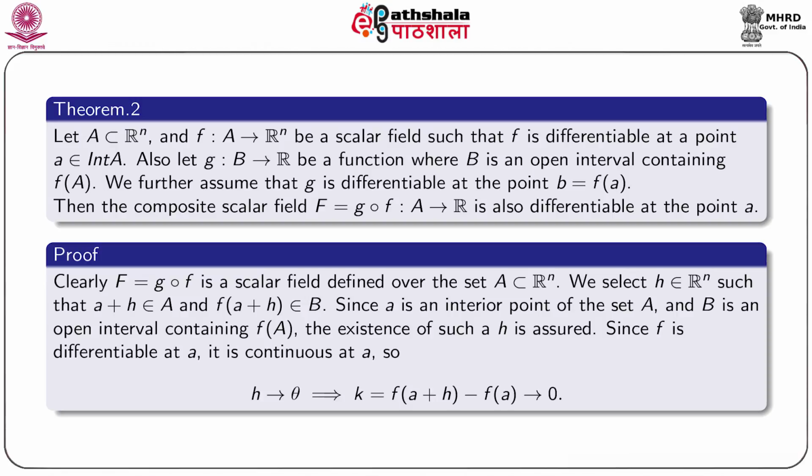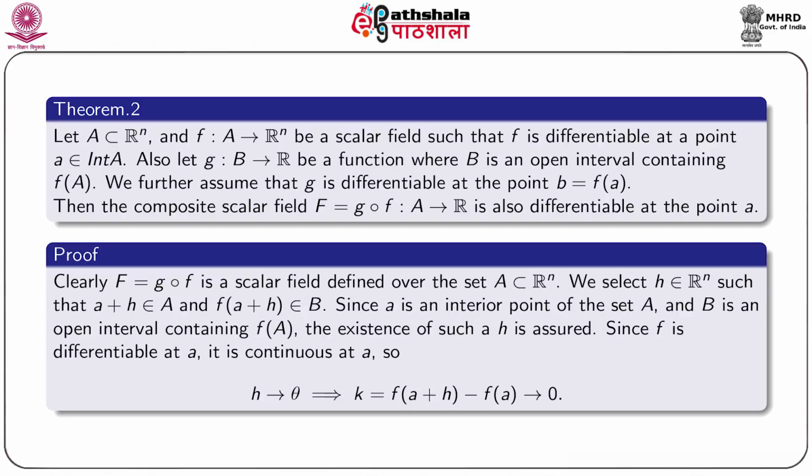We select h from R^n such that a+h should be in A as well as f(a+h) should be in B. From our assumption, we find that a is an interior point of the set A. So, we can always find some h such that a+h is in A. Moreover, B was an open interval containing f(a). So, we can always find h such that f(a+h) is in B.